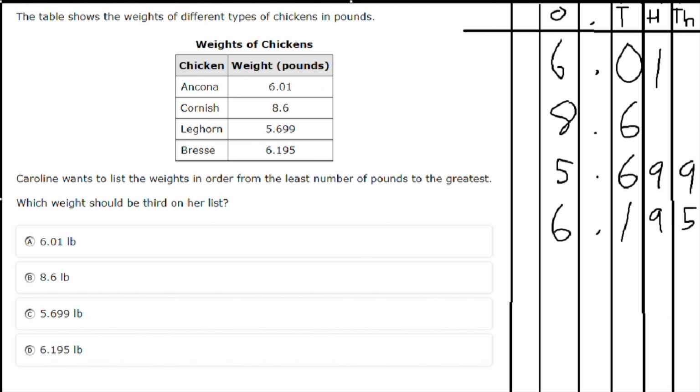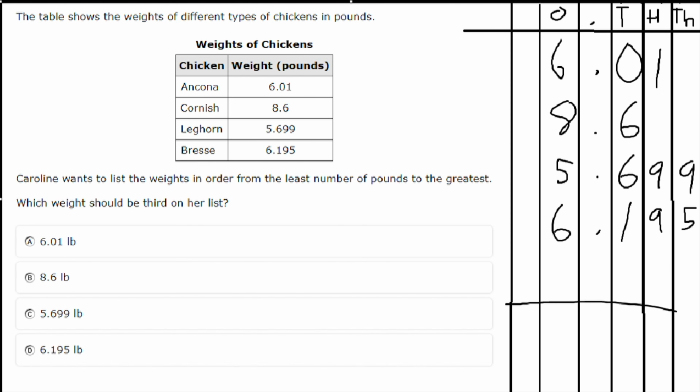All right, so how do we order these from least to greatest? Well, you always want to start from the left and move to the right, okay? And you only move to the right when you have two numbers that are similar.